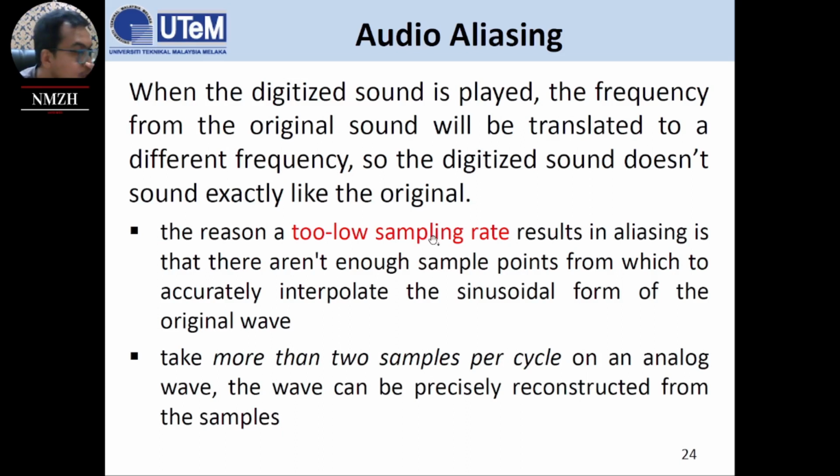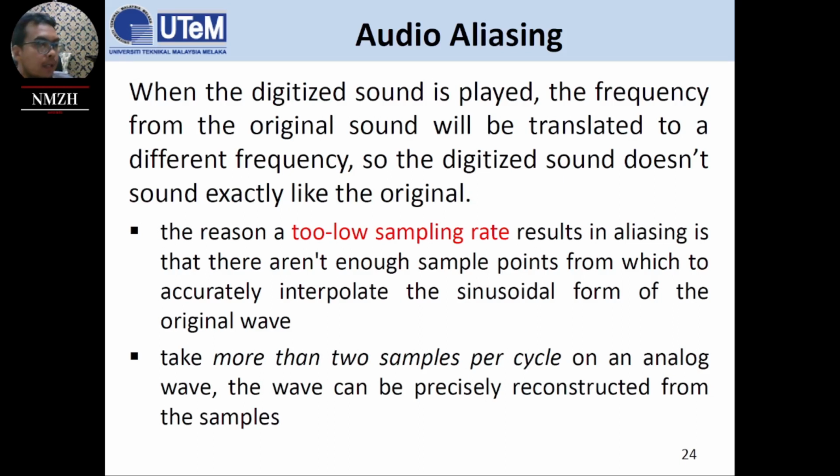Too low a sampling rate results in aliasing, as there aren't enough sample points to accurately interpolate the sinusoidal form of the original wave. Basically, the points from the sampling couldn't be plotted back to reproduce the original.